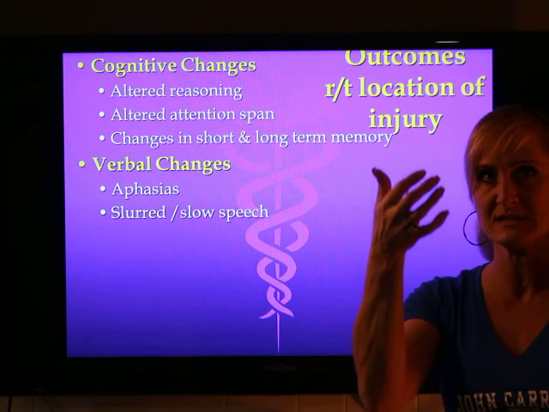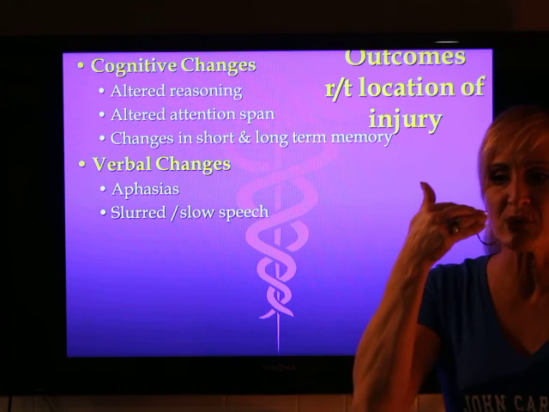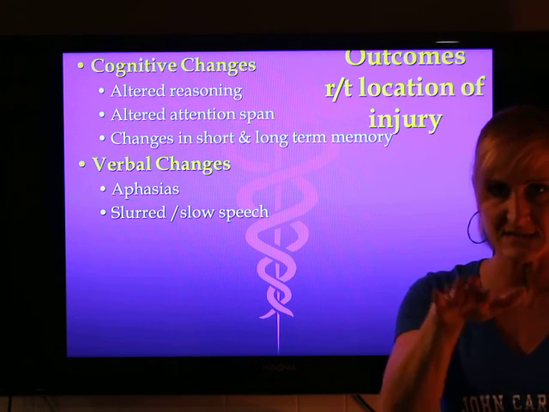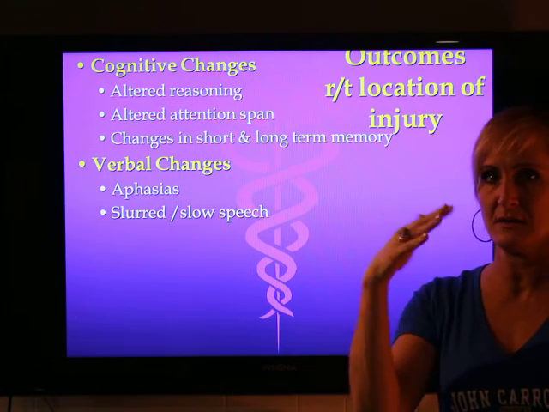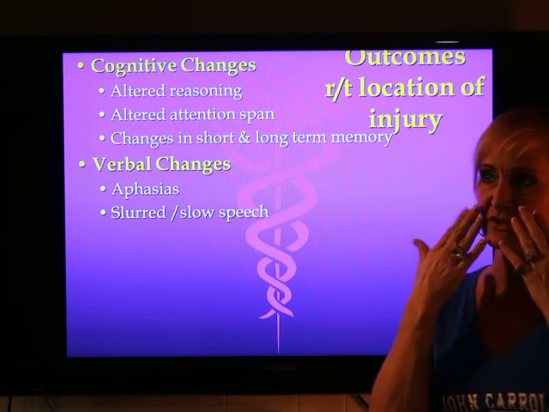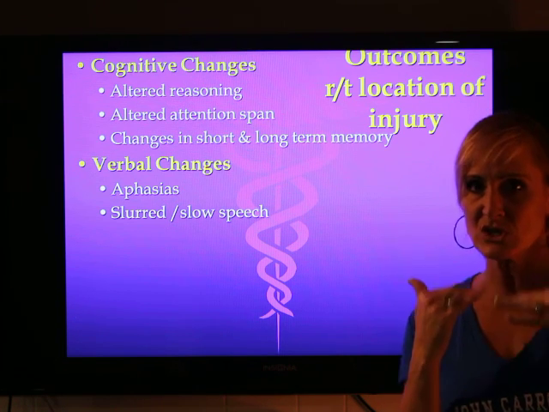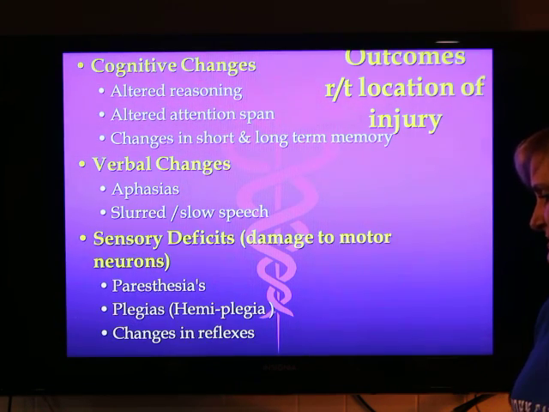Receptive aphasia means that they have absolutely no idea what you're saying, but the words they're speaking make sense. That doesn't correlate to what you just asked them, but you can understand what they're saying. Some verbal changes may include just slow, slurred speech, things like that. Those are all going to fall under the verbal changes.